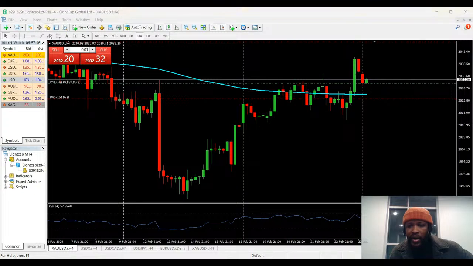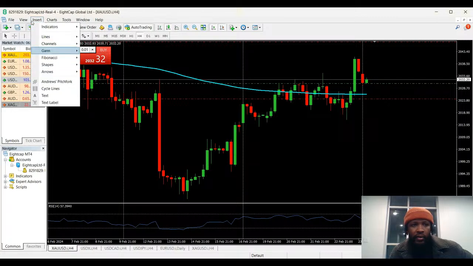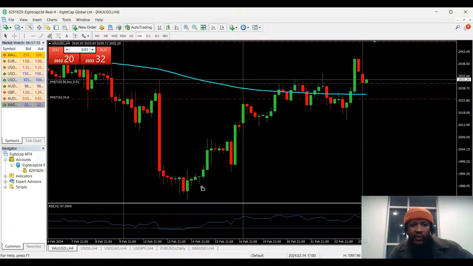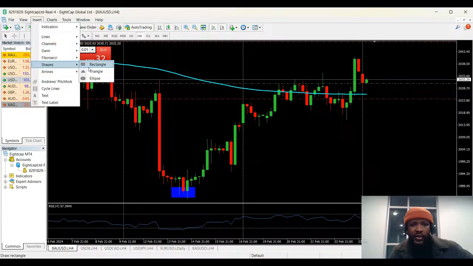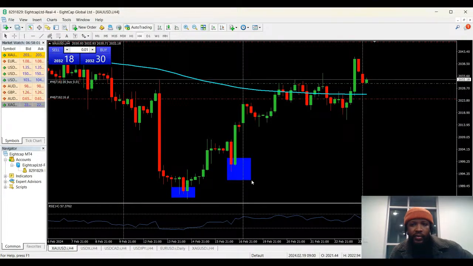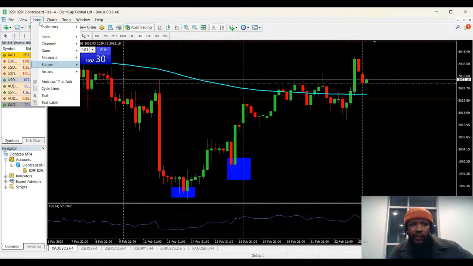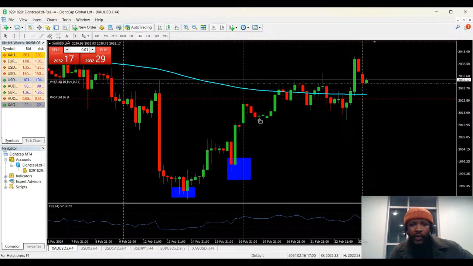Okay, are you talking about gold? Are you talking about this area right here, or which level is this one, or this, or this?